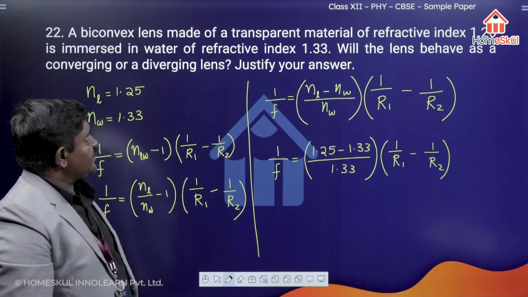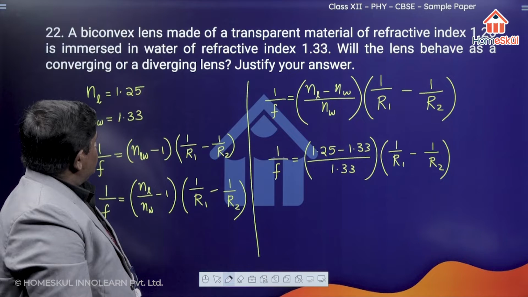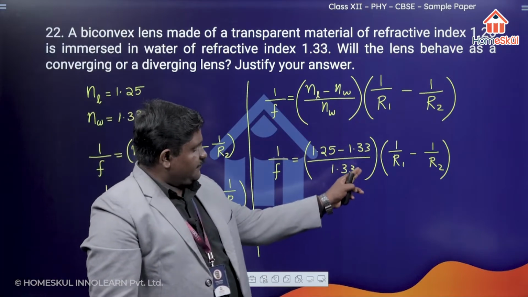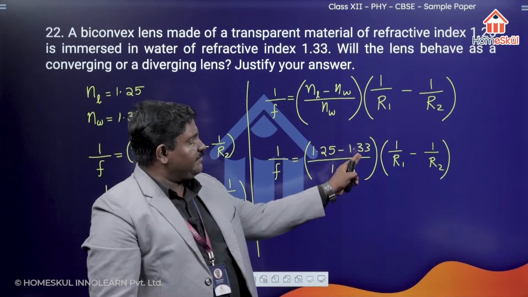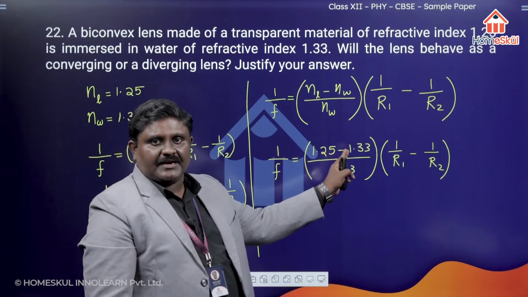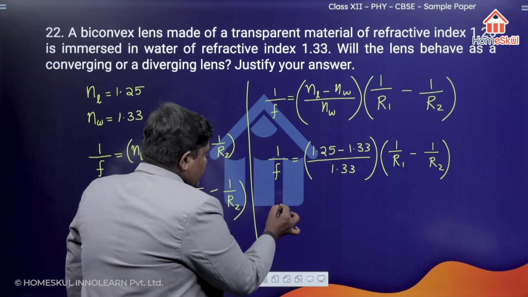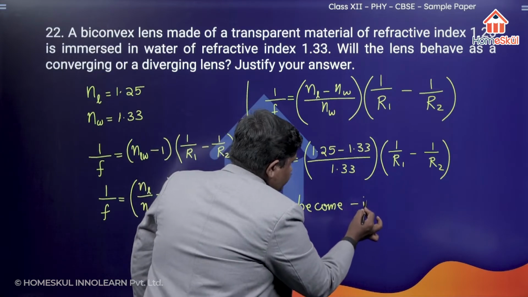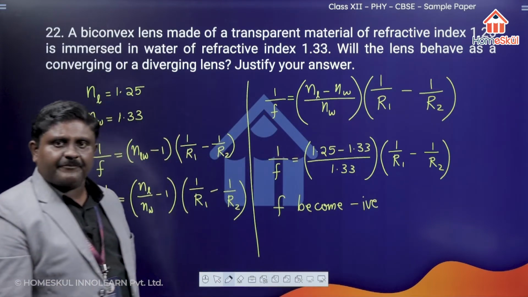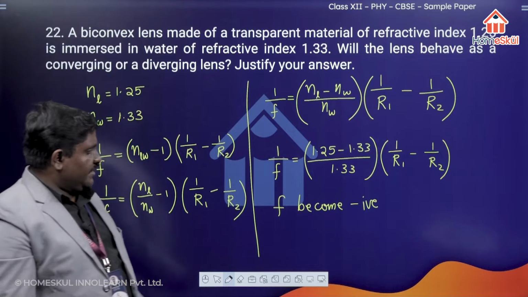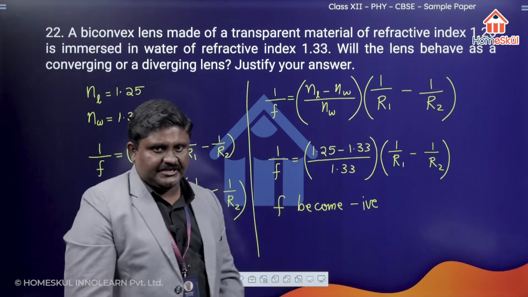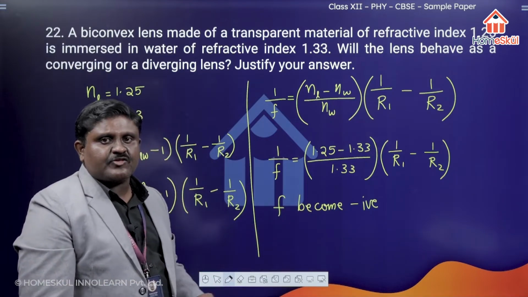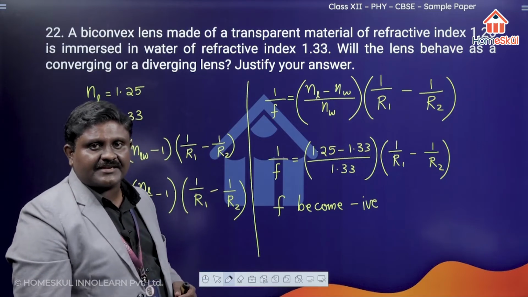Clear? So from this, the numerator term is negative. So f becomes negative. If f becomes negative, for which lens is the focal length negative?